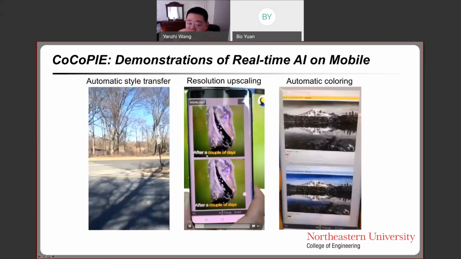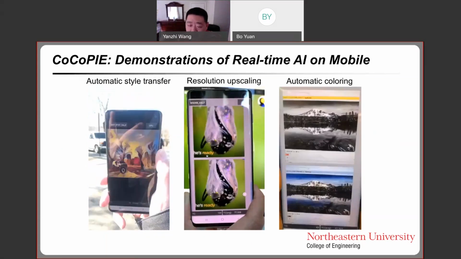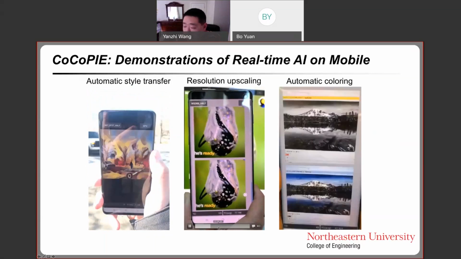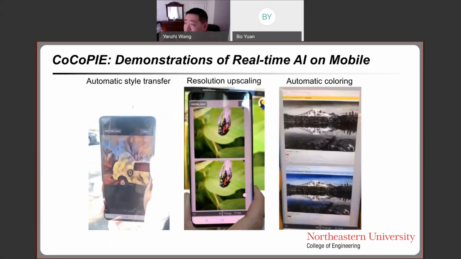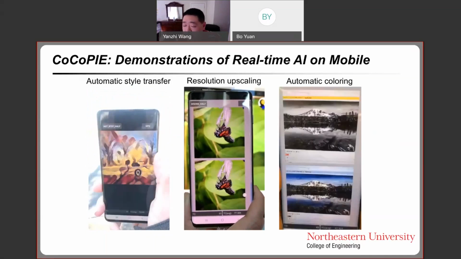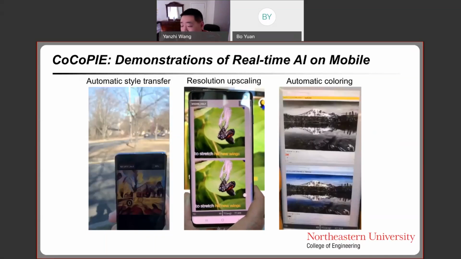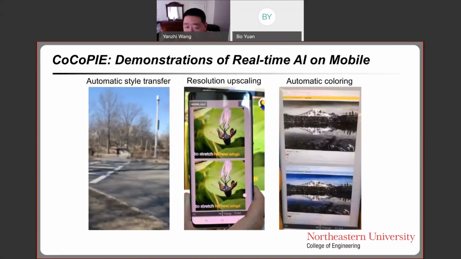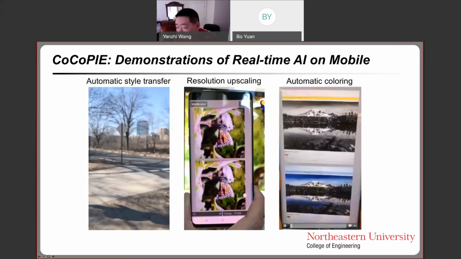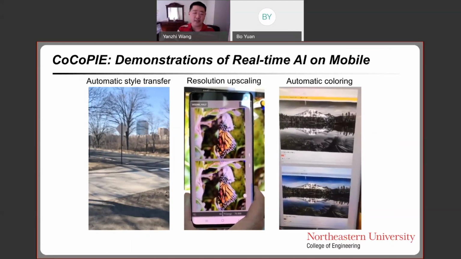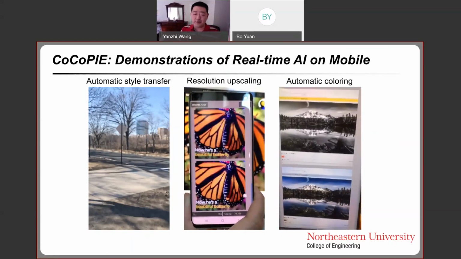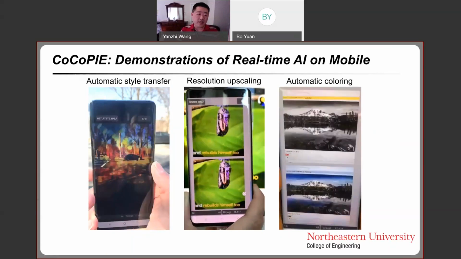The input is a low resolution video, and through upscaling we get a high resolution video. This is useful not only here, but companies like AMD or smart TV companies also want to use it for their applications, not only on the mobile phone. And this one is automatic coloring. The input is black and white, and the output is a colorful video. These are easy to make real time.